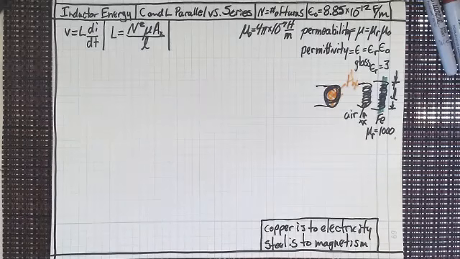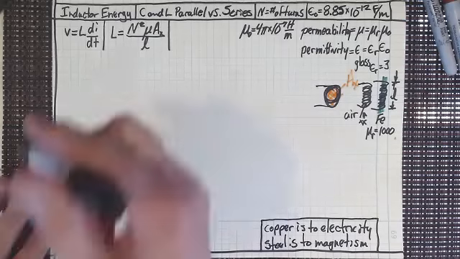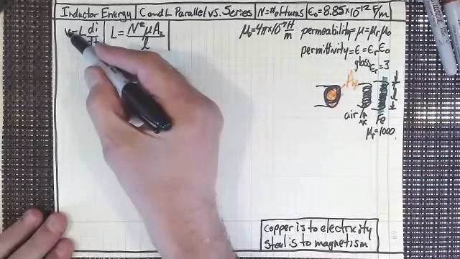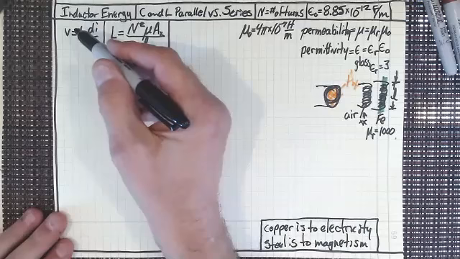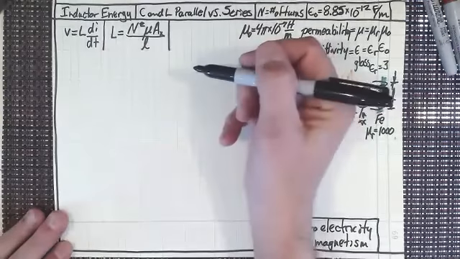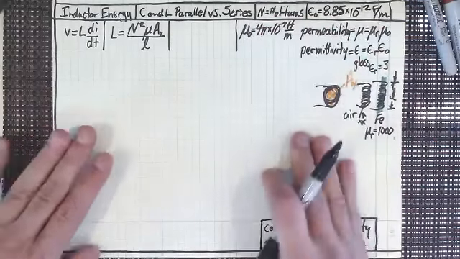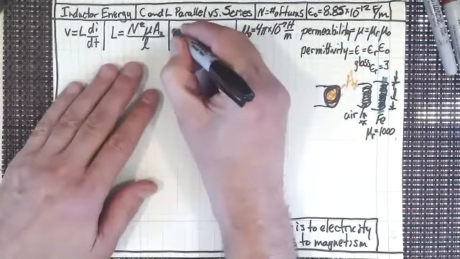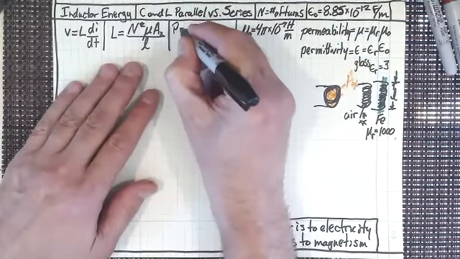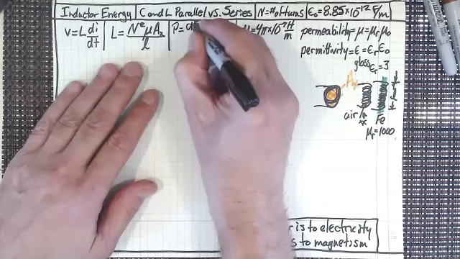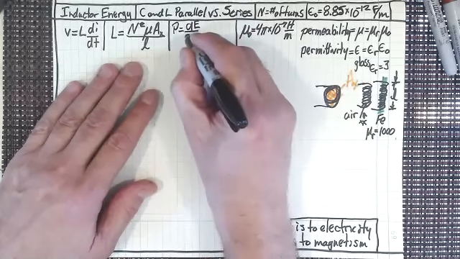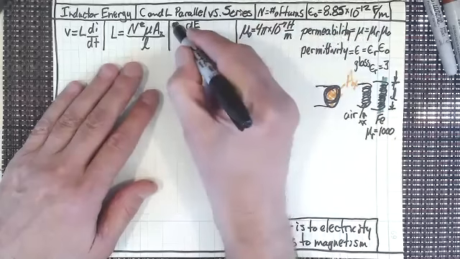Okay. Now, what I want to do is I want to look at the energy. Right? We know what V is, right? And so, if we know what V is and we know what I is, let's just look at our relationship between power and energy again, right? And we know power is going to be the change in energy divided by the change in time, right?